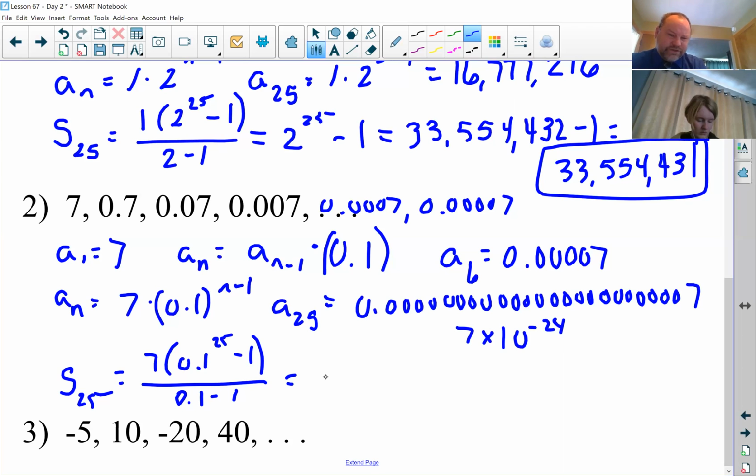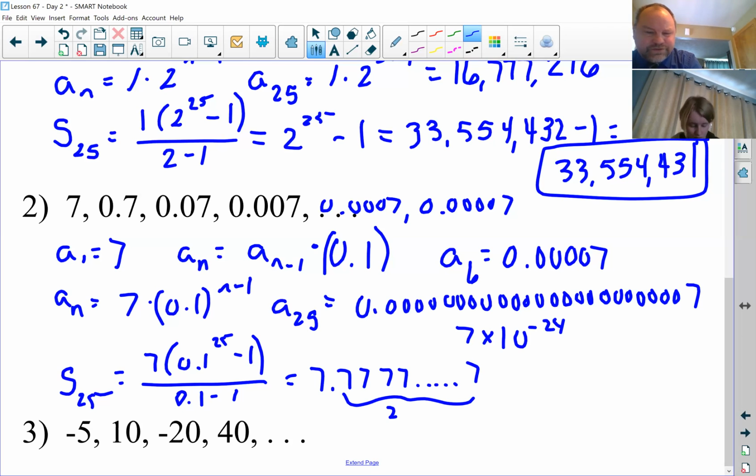Actually, the sum is pretty easy. You may not have even needed a calculator, because we know we're going to get 7.7777 all the way down. We're going to get 24 sevens.